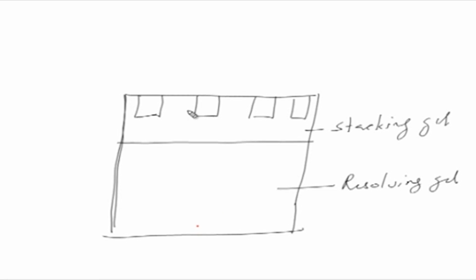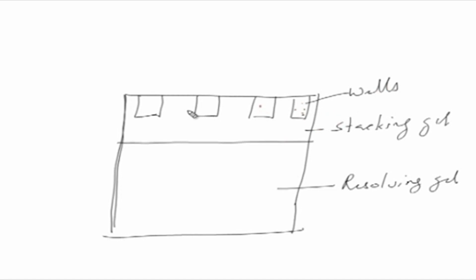This is the stacking gel, this is the resolving gel. When you are casting the gel, first you have to pour the resolving gel, and then after the resolving gel is polymerized, you put the stacking gel. These are wells where the sample is loaded.